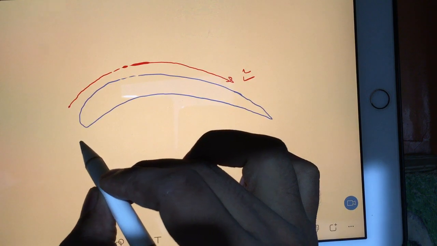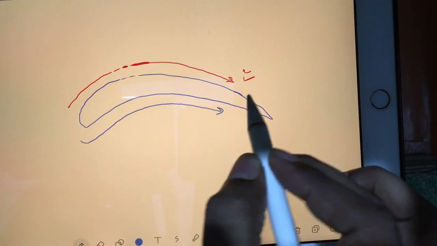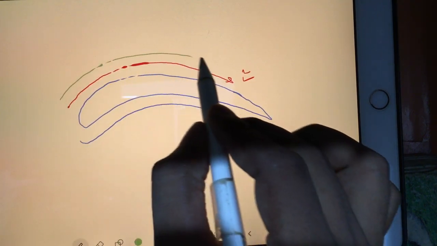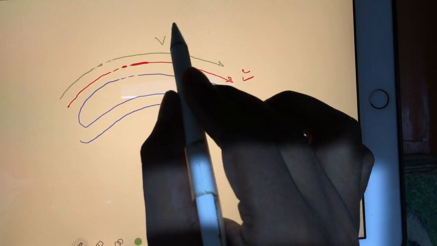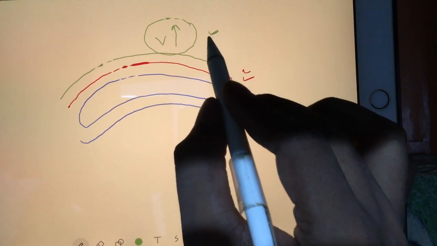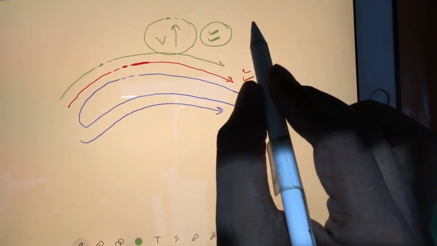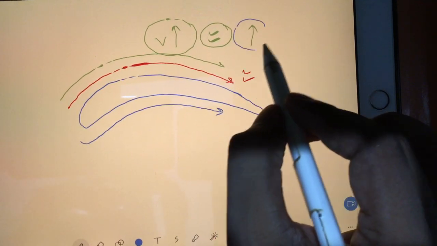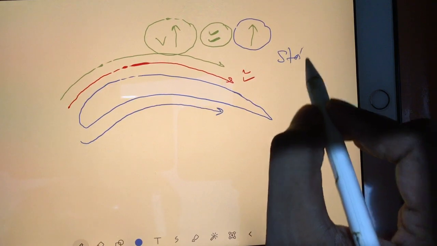On the bottom surface, air will decelerate. When air accelerates, you can clearly see your velocity is increasing. And if velocity is increasing, the pressure called dynamic pressure will increase. Then if dynamic pressure is increasing, static pressure will decrease.